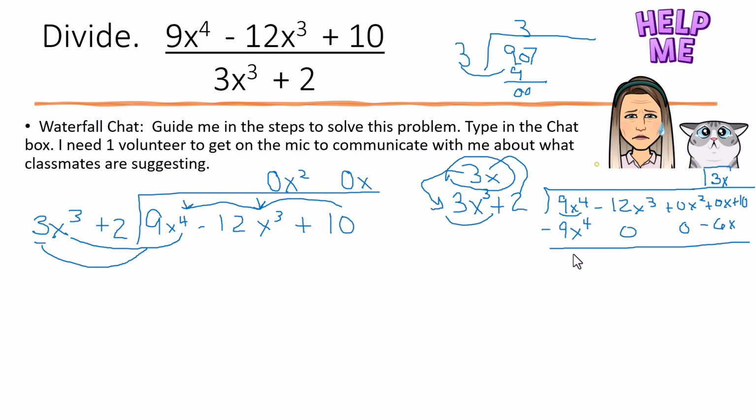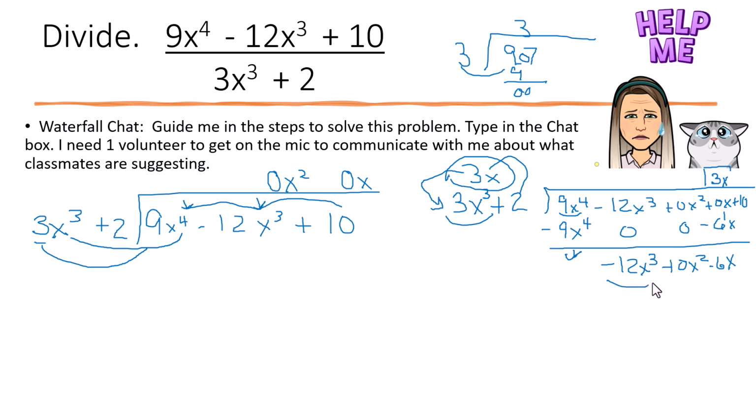Subtract, bring this down and you get 0. I'm just going to leave that off. And then we get negative 12x to the third when we add or subtract 0 plus 0x squared. And then we'll go ahead and combine these two, minus 6x. Don't really need to bring that down yet, but we're almost done.